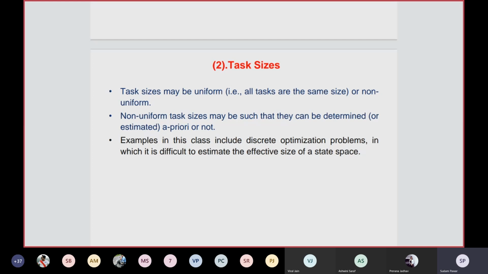Write a short note on data decomposition and recursive decomposition. This may be asked for 6 to 8 marks in the end-sem examination, or write a short note on exploratory decomposition and speculative decomposition, which may again be asked for 7 to 8 marks in the end-sem examination.